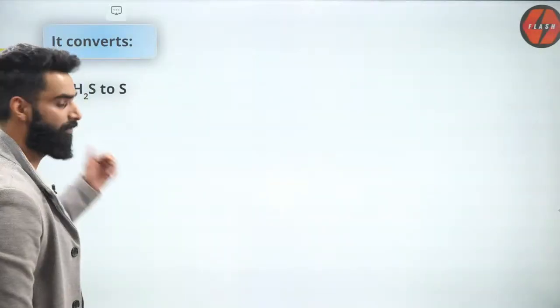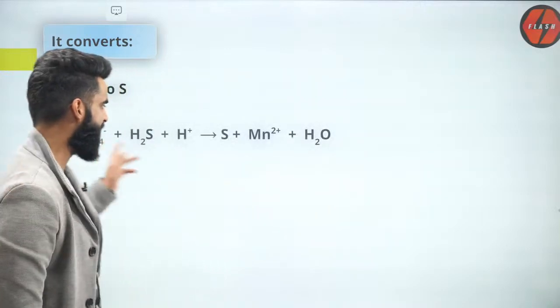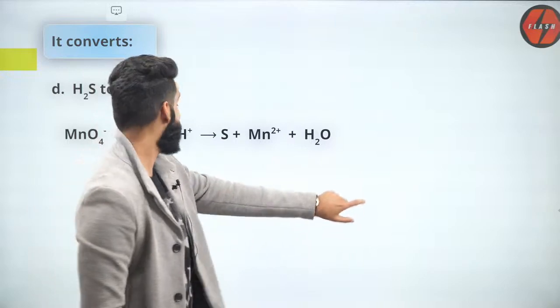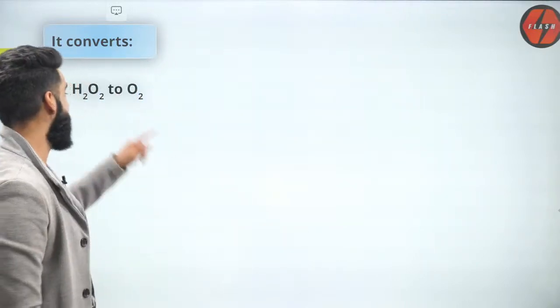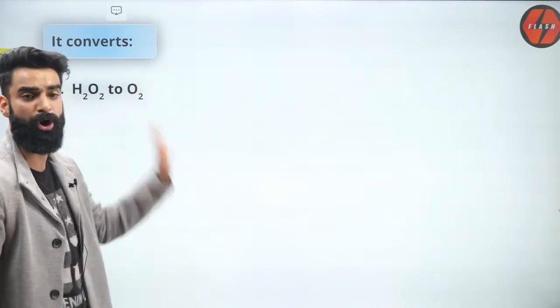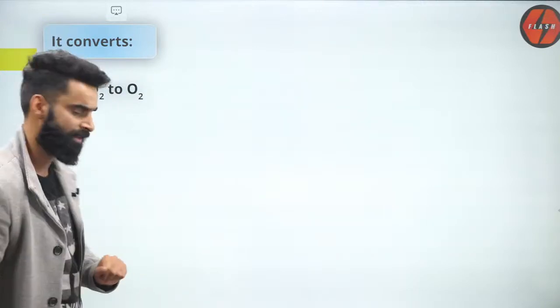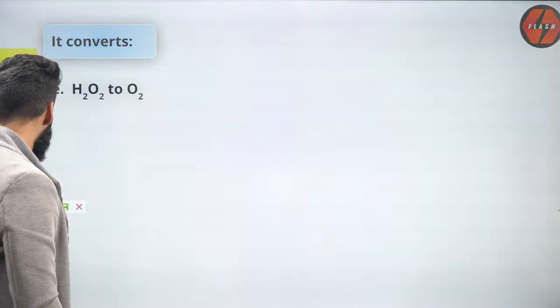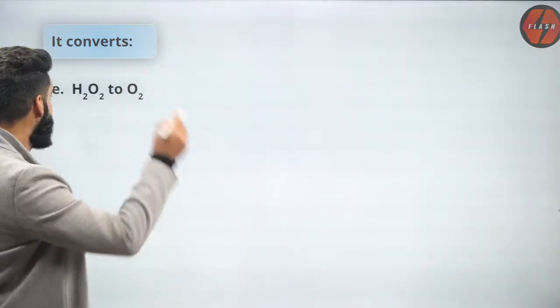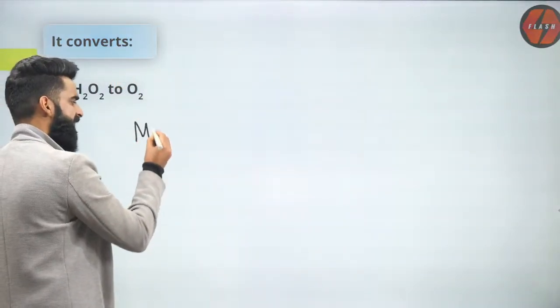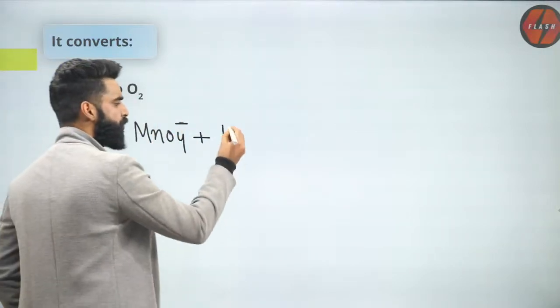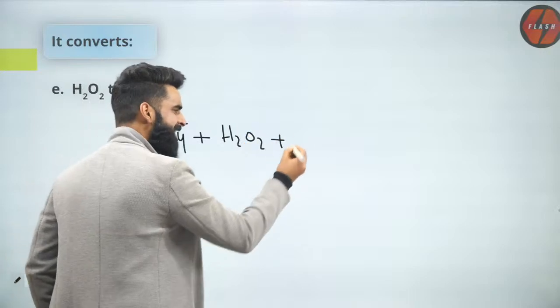The reaction of MnO4 negative, okay? See, this is the reaction which I showed you just now. Now people, the same MnO4 negative converts hydrogen peroxide to oxygen in acidic medium.